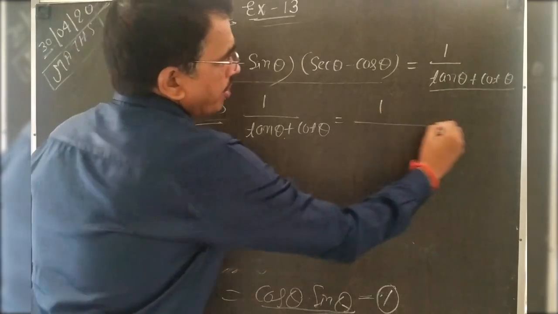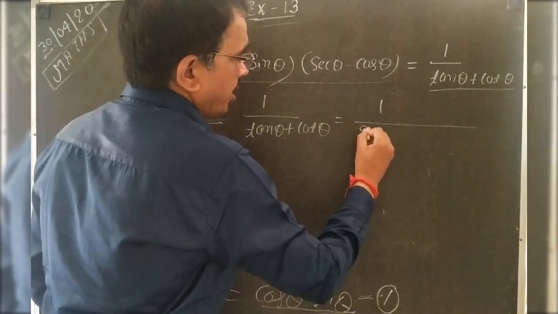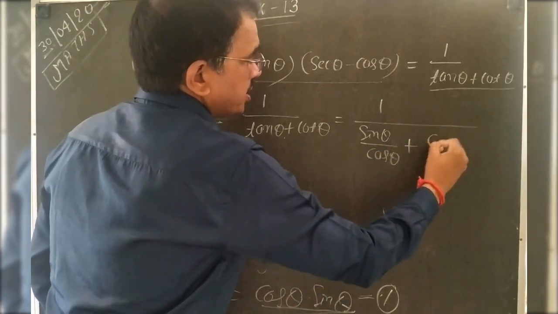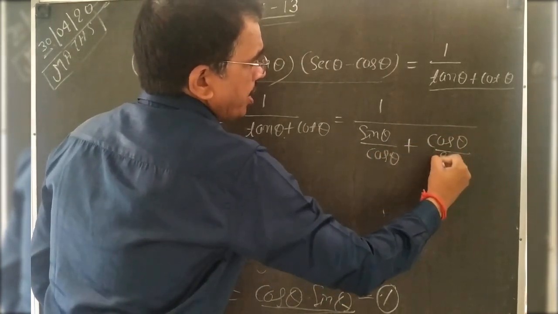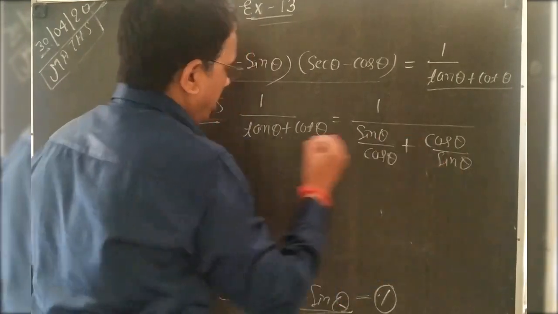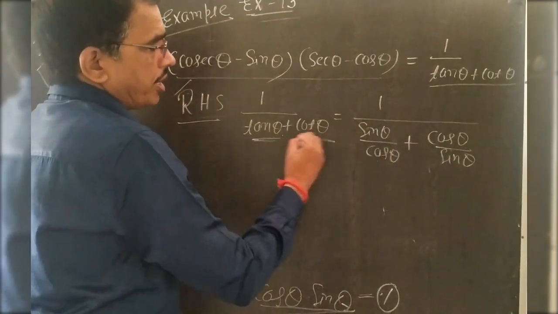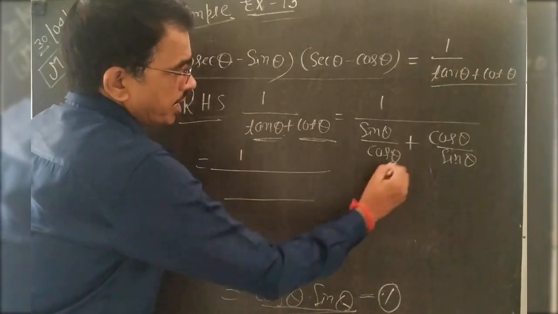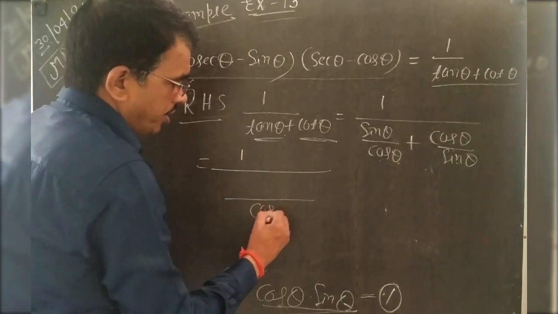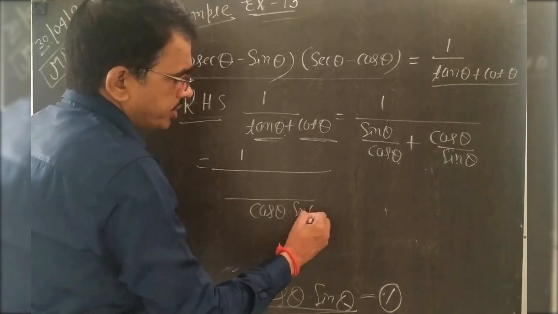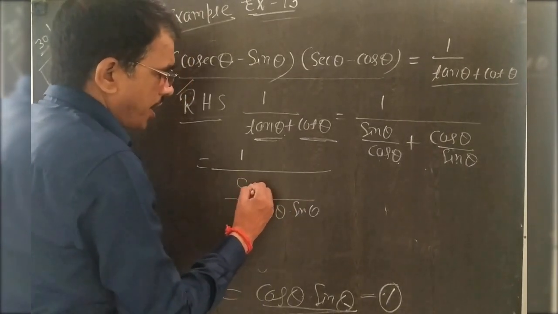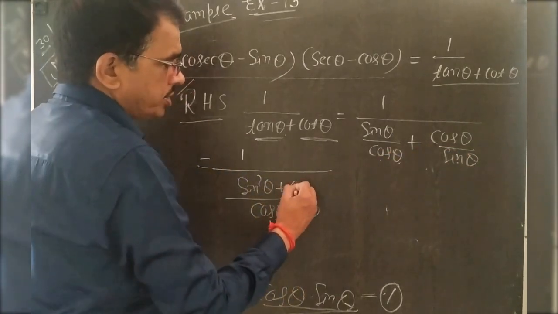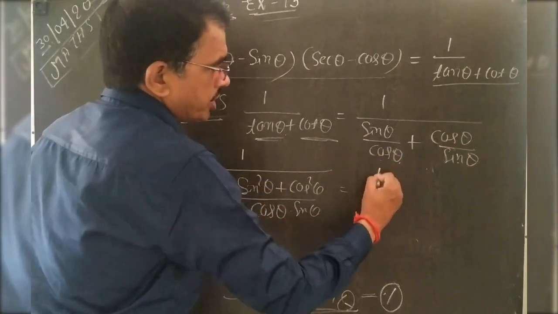So we write 1 by, and this is sin theta by cos theta, and plus this is cos theta by sin theta, because tan theta is sin by cos and cot theta is cos by sin, and 1 by this is LCM, that is cos theta into sin theta, and it is sin square theta, and here is sin you have, then you get cos, then it is cos square theta, then you get 1.